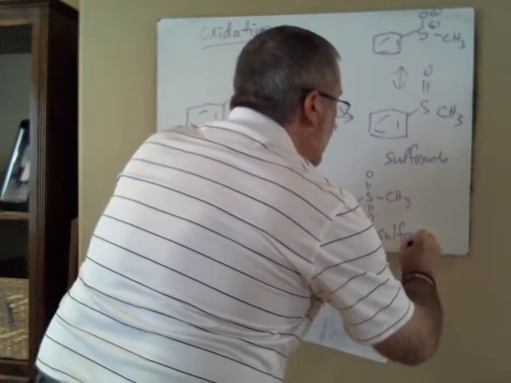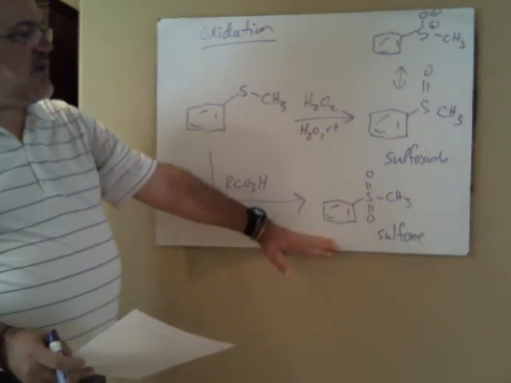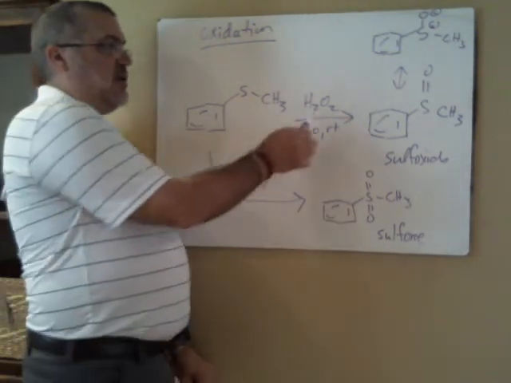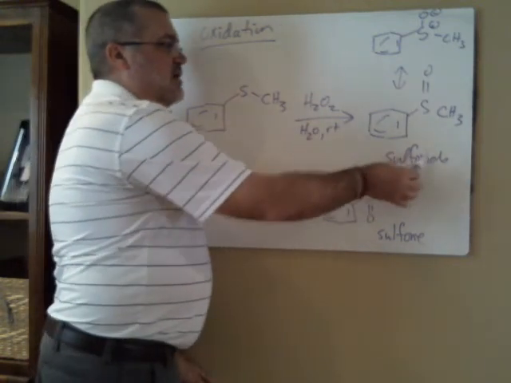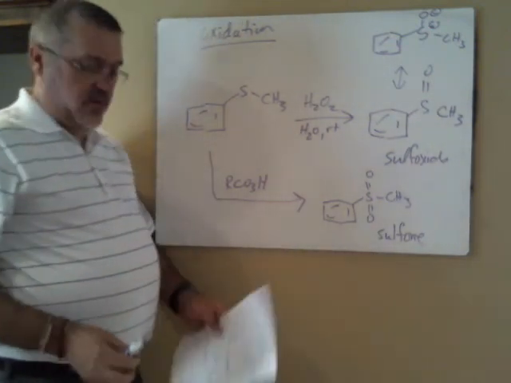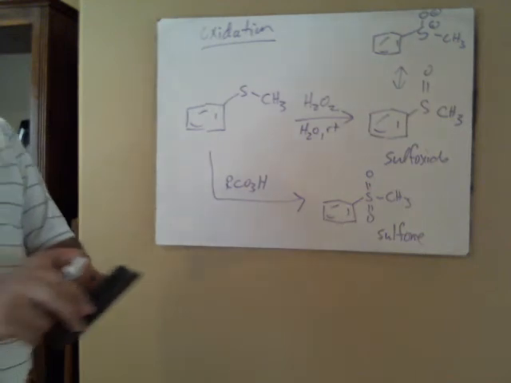Again, that's a functionality we learned last semester. So these are both oxidations. It's what oxidation level you're oxidizing to. Hydrogen peroxide to the sulfoxide, peroxy acid to the sulfone. Okay? And those are basically the only reactions for sulfides.